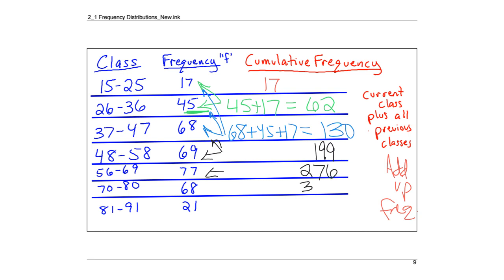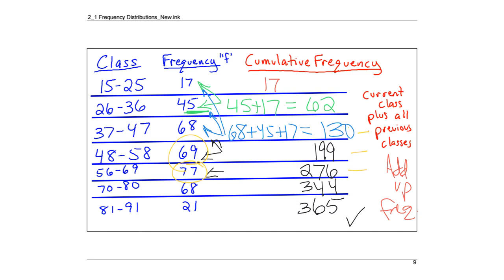And when I'm done, I better get to my 365 or I'm in trouble, which I did. I got to 365. Okay, so each time you're just adding the frequency of that new row, right? When I jumped from 130, the third row down to the fourth row, I added the 69 from that row. When I moved to the next one, I added the 77 from that row and so on.